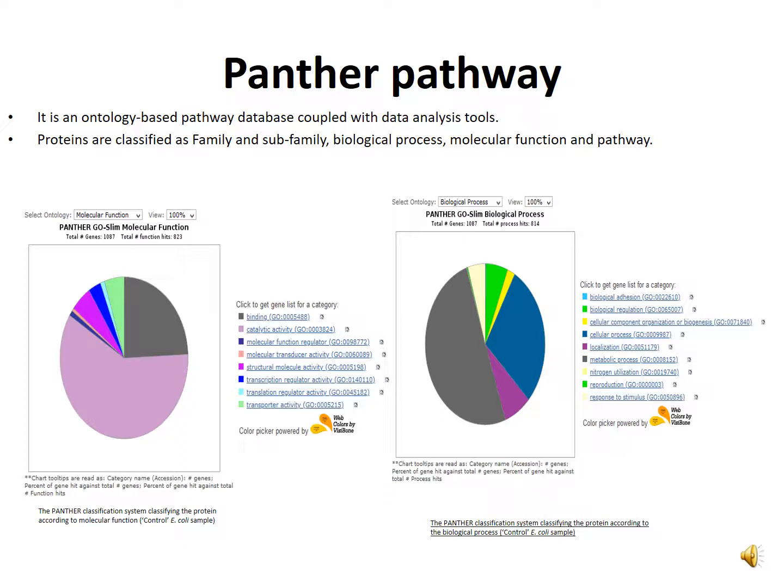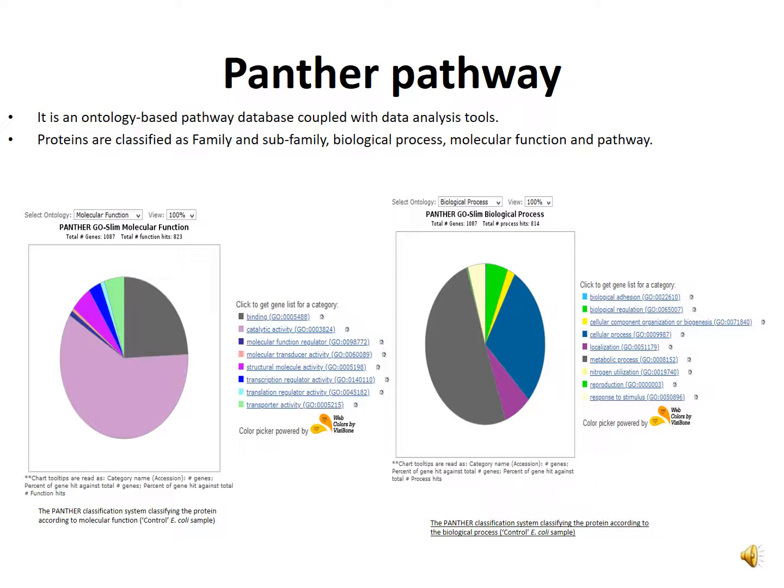Here are two pie charts. The first one is for the control E. coli sample, classifying proteins according to molecular function, and the majority of the pie chart is occupied by catalytic activity.